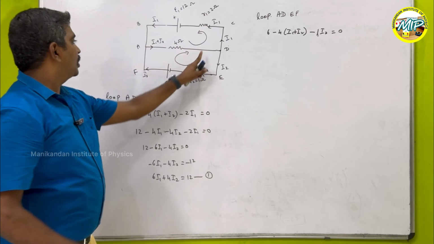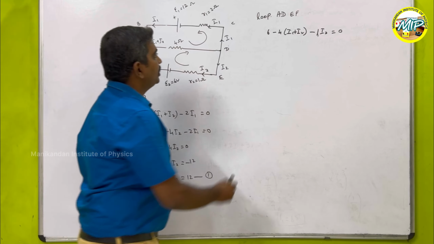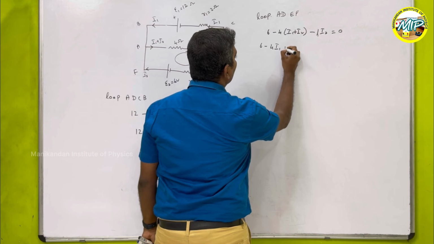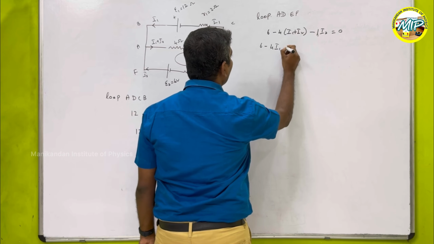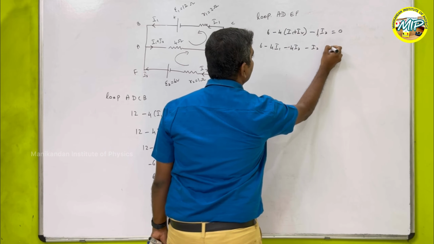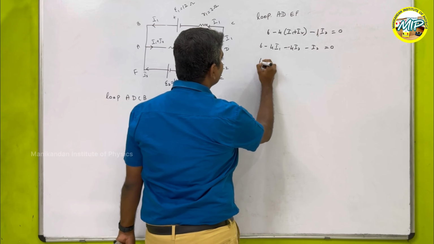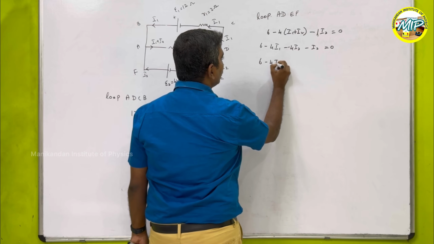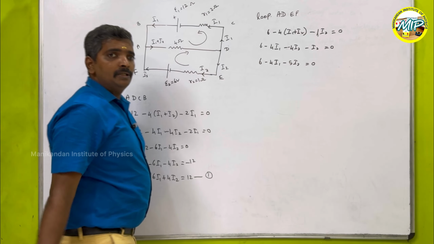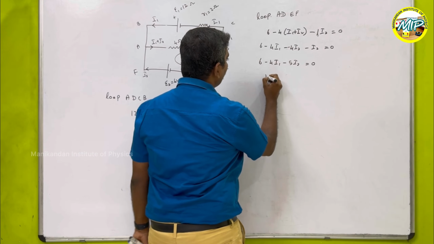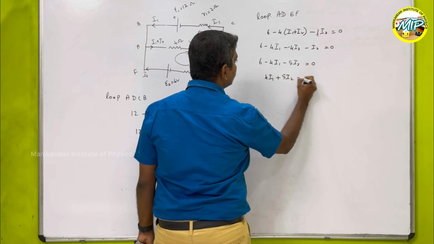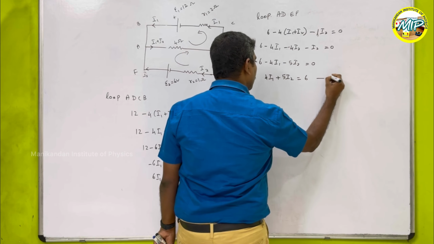The sum of the potential around this closed loop is also going to be 0. So 6 minus 4 I1 minus 4 I2 minus I2 equals 0. Then 6 minus 4 I1 minus 5 I2 equals 0, so 4 I1 plus 5 I2 equals 6. This is my equation 2.